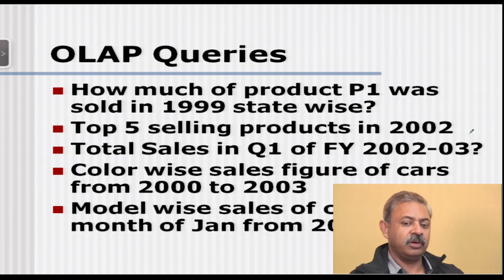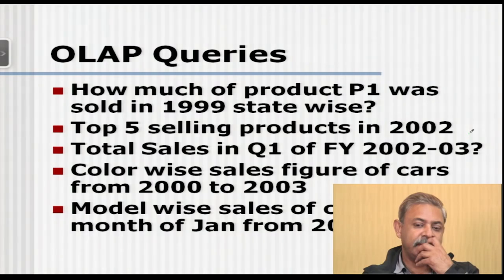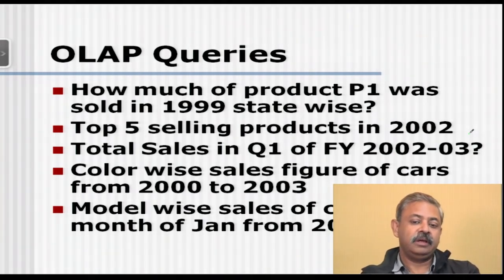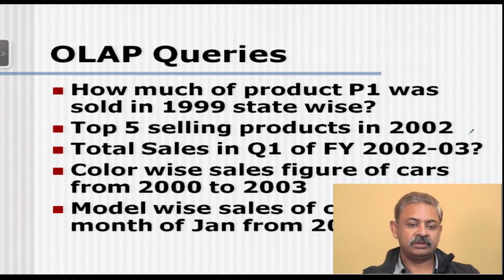If you look at a Walmart, and I'm talking about 50 states in the United States, state-wise I want it for the whole year. You can see how many transactions are happening in each state in 1 year. And then you have 50 states, and in one state you have say 50 to 100 stores. So you can very well imagine how much data would be required for answering these queries.